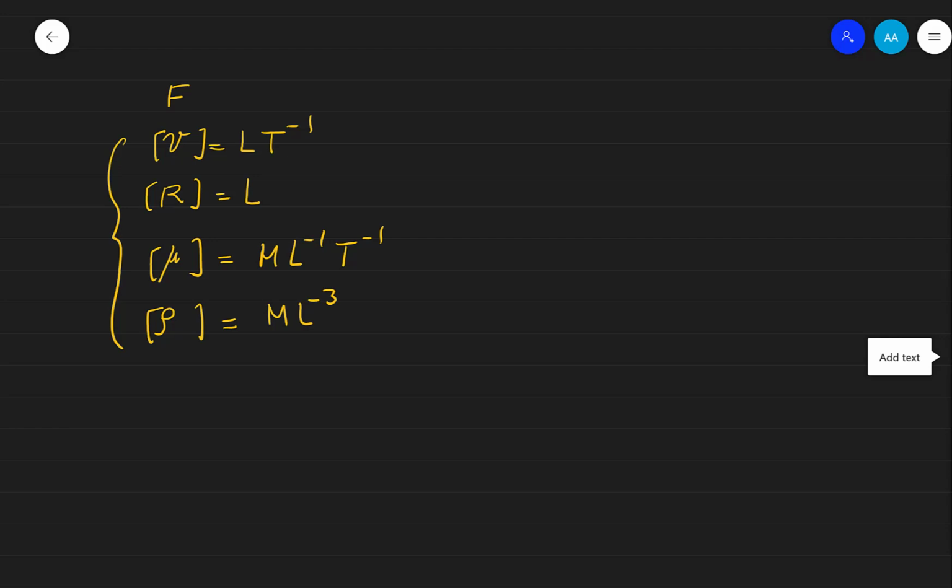We are searching for combinations of power law monomials of these four parameters: V to the power A, mu to the power B, rho to the power C, R to the power D, which has the dimension of force.